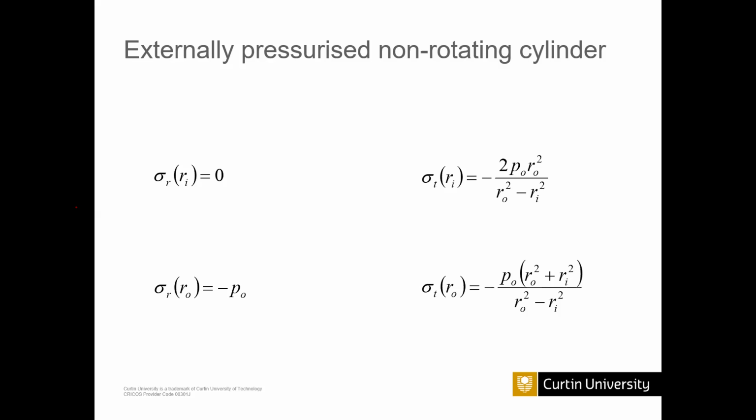So for external pressure, the inner surface radial stress is 0, and the outer surface radial stress is equal to minus P naught, because it is compression. The tangential stress has values, but they are switched between the two surfaces compared to earlier.